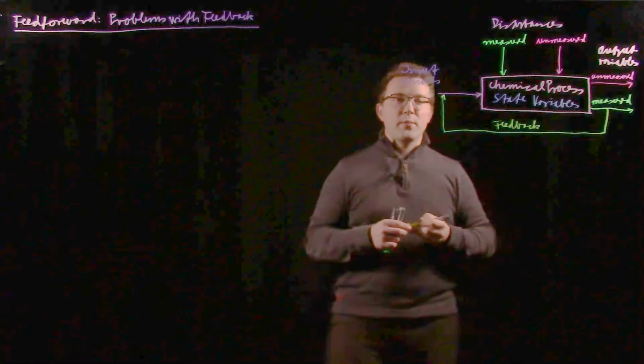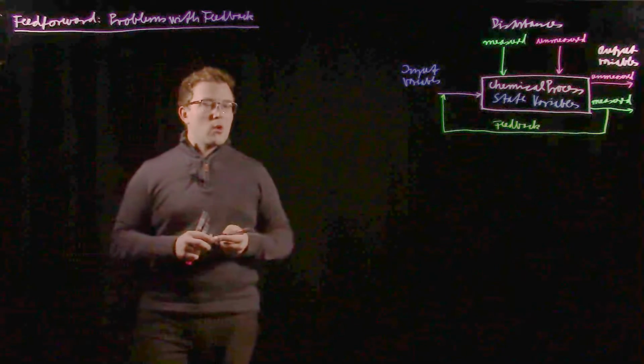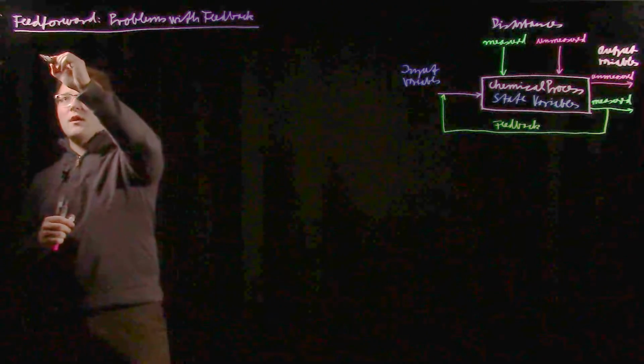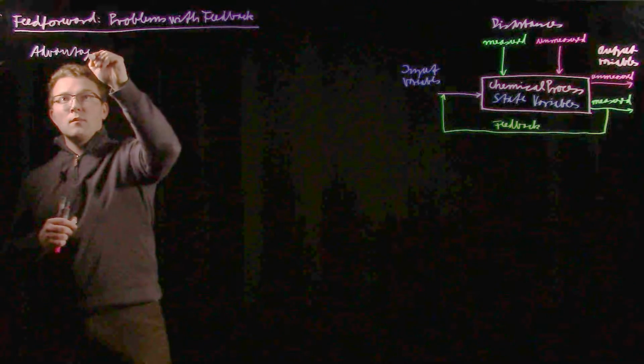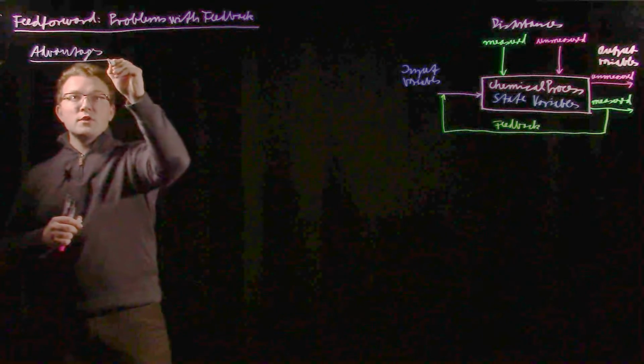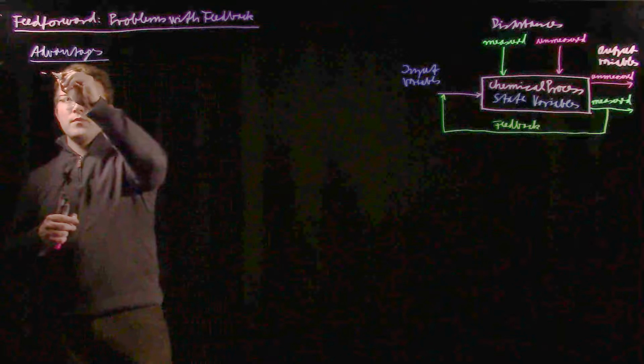with this feedback. So what is the advantage of this approach? Why is it so often used? The advantages are as following. The first big advantage is that it works really well for set point changes.